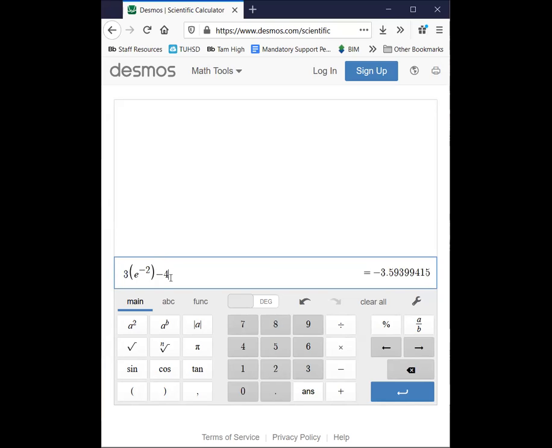And the nice thing about Desmos is once you have this set up, it's really easy to do minus 1, 0, 1, and 2.